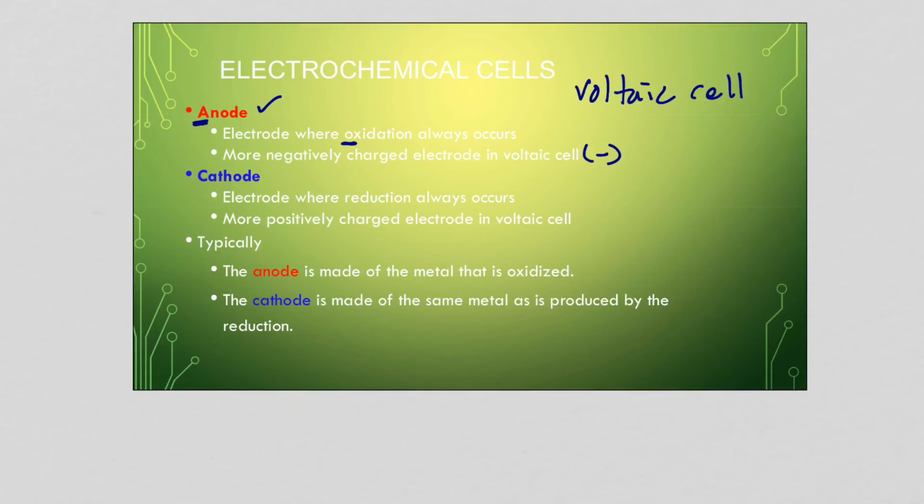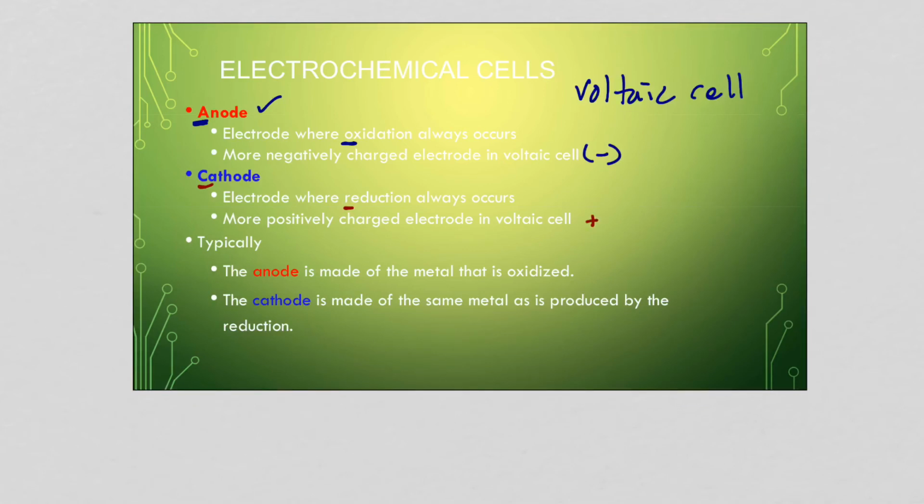The cathode is the electrode where reduction takes place. Now, one way to remember this, again, is that the two consonants stick together. So we have R and C. Reduction always at the cathode, oxidation always at the anode. Two vowels together, two consonants together.